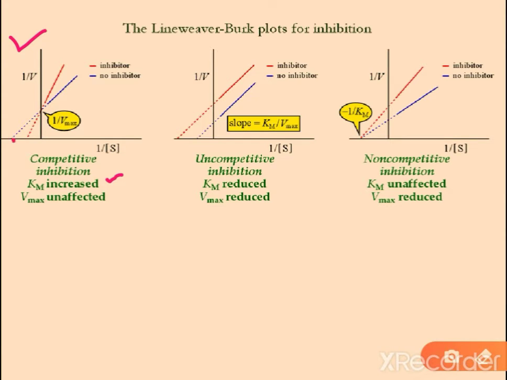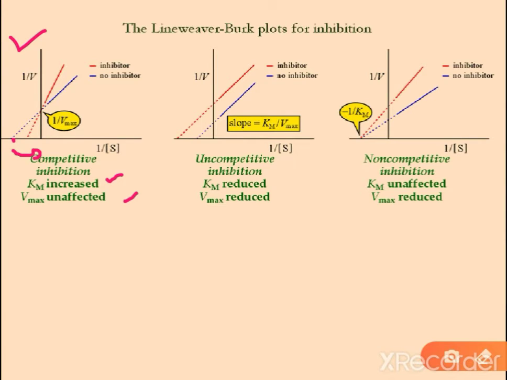Actually the Km is present here at first when no inhibitors are present, but when inhibitors are added to the medium, then the value of Km moves from here to here. So, the value of Km is increased, but other points remain unaffected. You can see here the Km is increased and the Vmax remains unaffected.